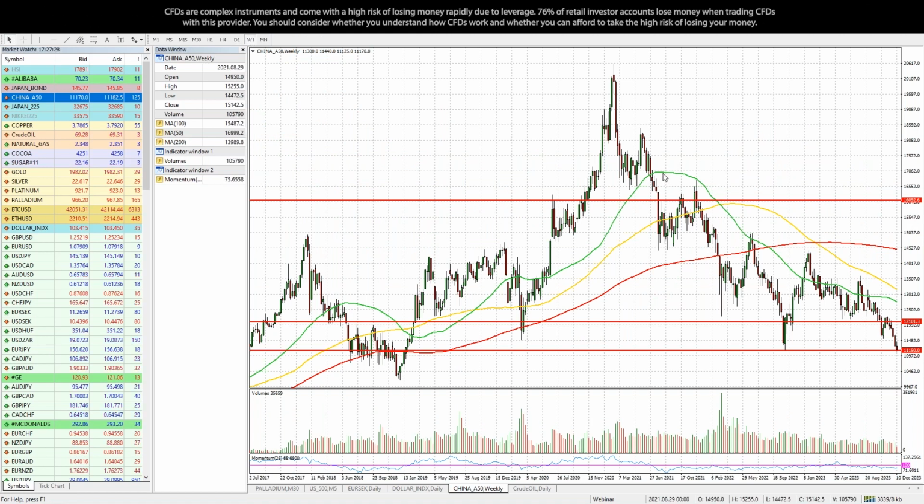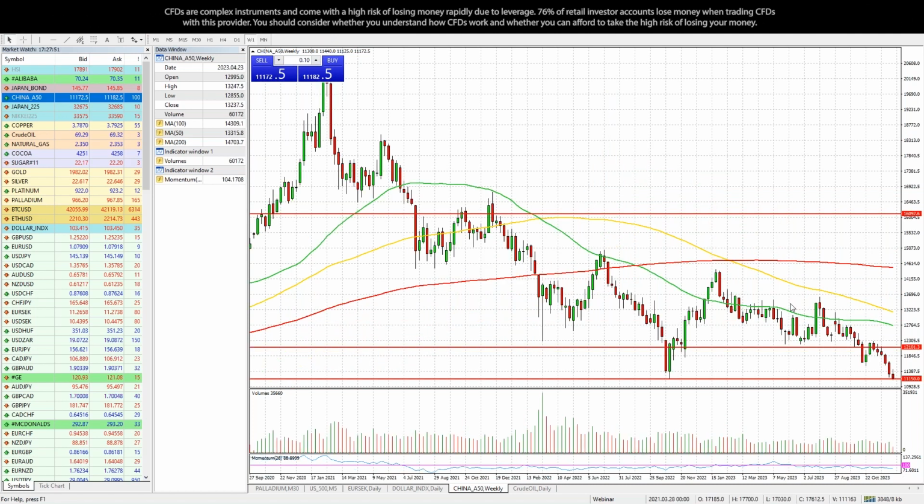This is a weekly chart zigzagging down, lower lows, lower highs, and we are about to break the level of October 2022. The low was 11,150, and at this moment we are about 22 points away from there.